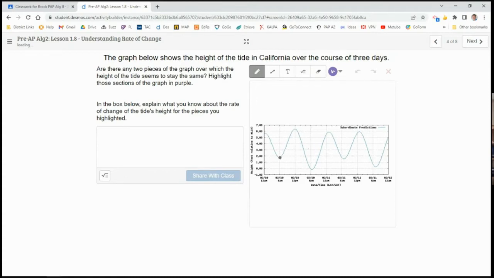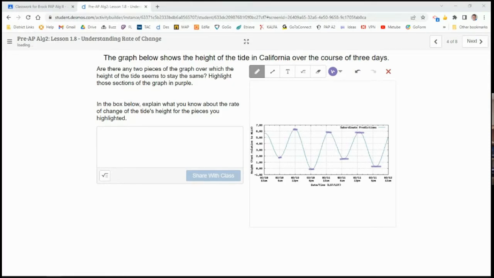When it gets to the bottom, it's at the same level briefly there, not for a long period of time. It briefly stays the same there for a few minutes. We have a few places where it stays the same. So any of those places along there, we're going to see the tide's not increasing or decreasing at those points. They're just staying the same.